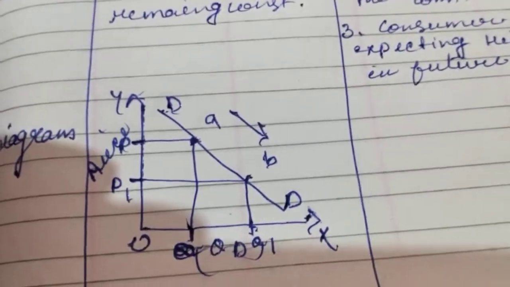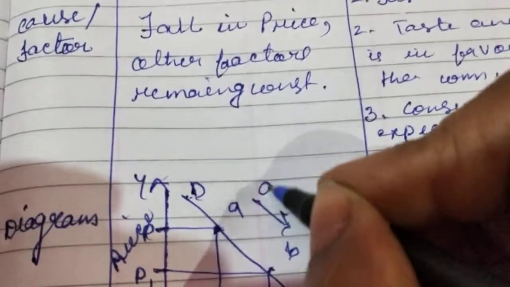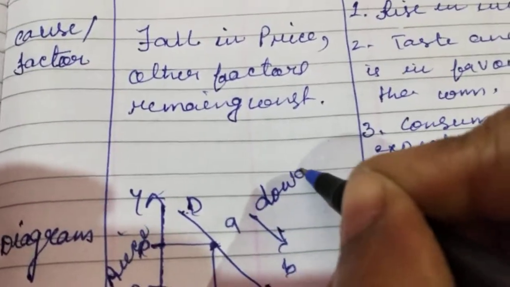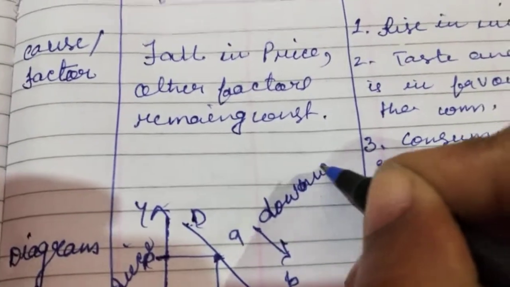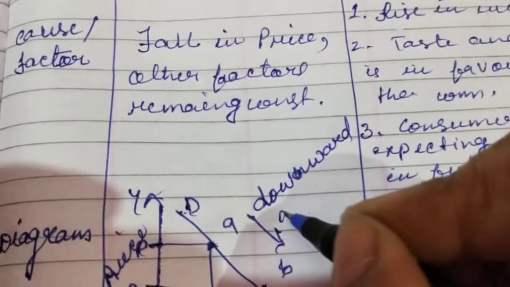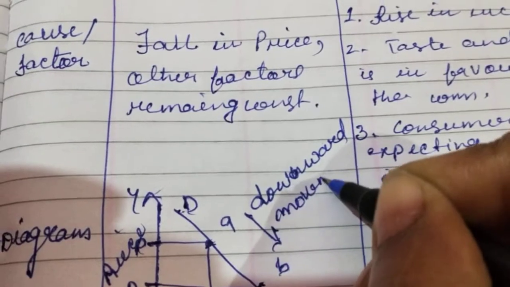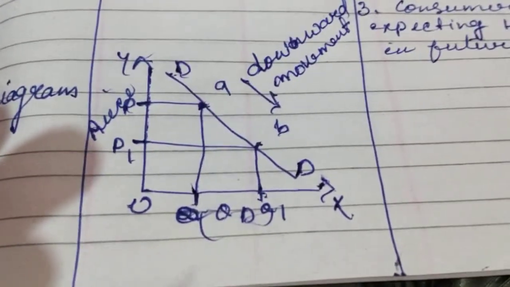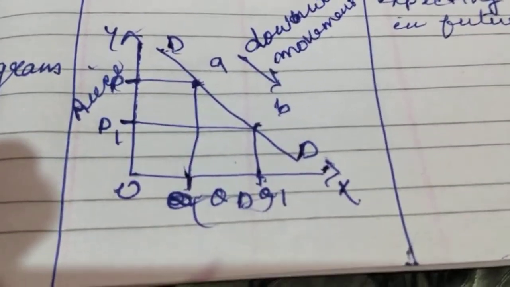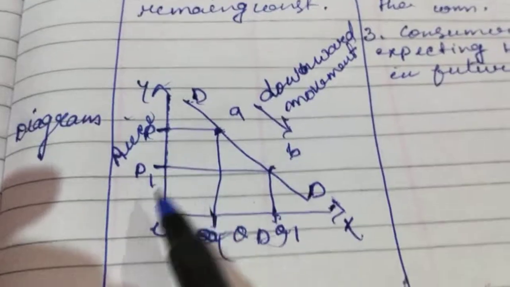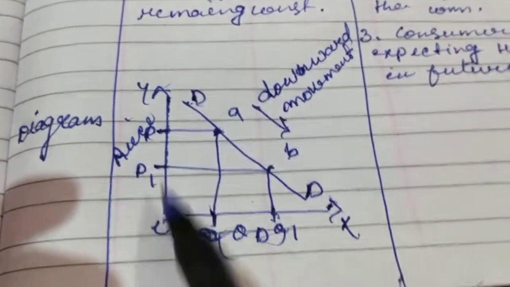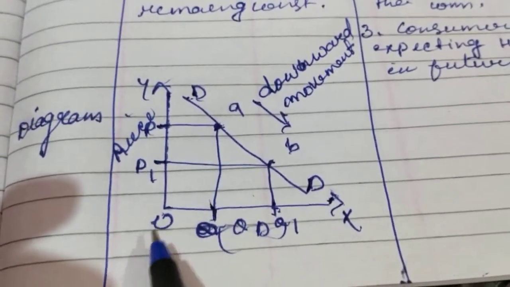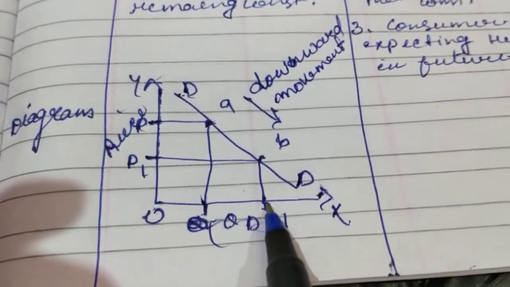So this is the demand curve, and this will be what movement? Downward movement. Is it clear? This is the diagram of extension of demand. When price is falling from OP to OP1, quantity is rising from OQ to OQ1.